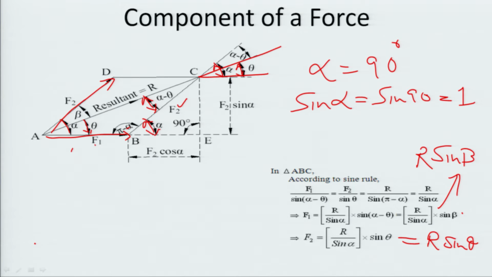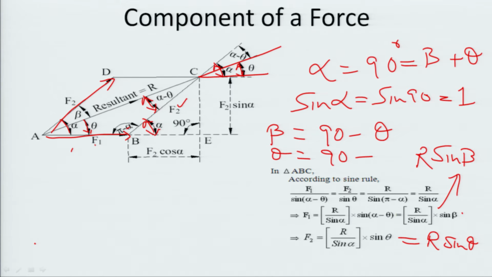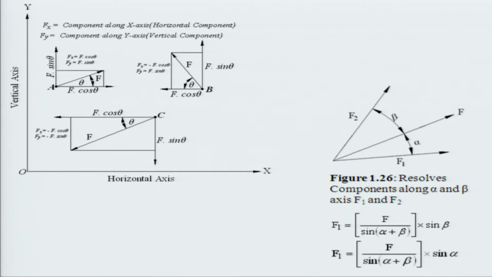Since alpha is the sum of beta plus theta, beta is equal to 90 minus theta, and theta will be 90 minus beta. So, this is this case.